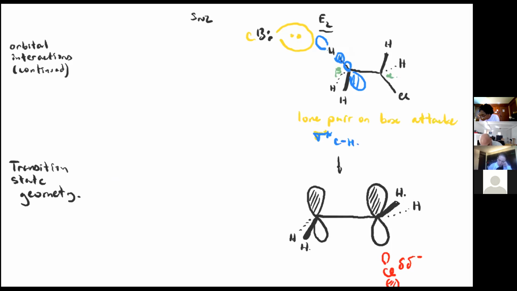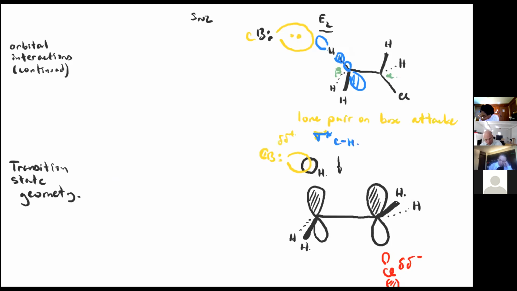And the base is picking up that hydrogen. And if we start with a negatively charged base, we're starting to accumulate positive charge in the transition state.